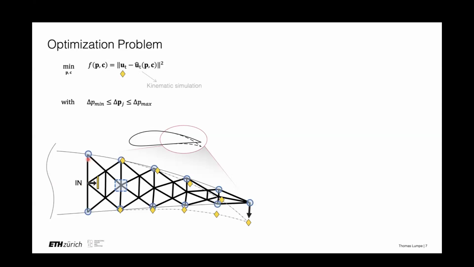We can also say that nodes are fixed in space. All the nodes in blue are fixed in space in the problem. And so this sets up an optimization problem that's a combined continuous optimization of the joints that can move, as well as a discrete optimization of the connectivity of the bars in the structure.